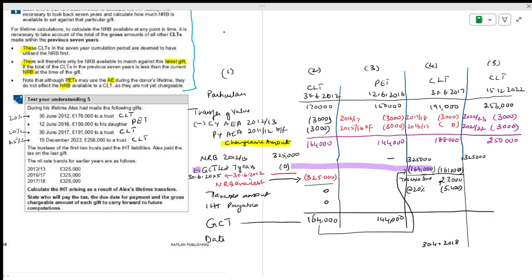Why do you take 188? 164 plus. 325, 325, 325.